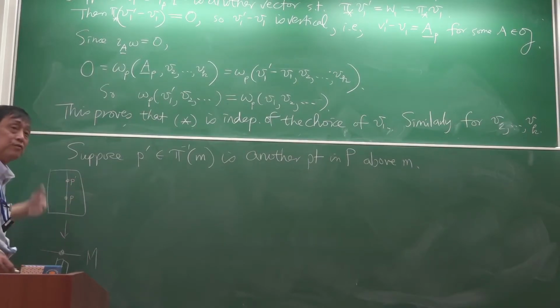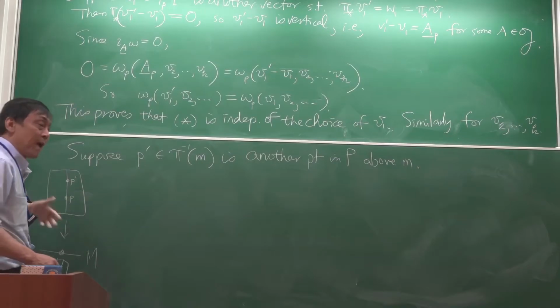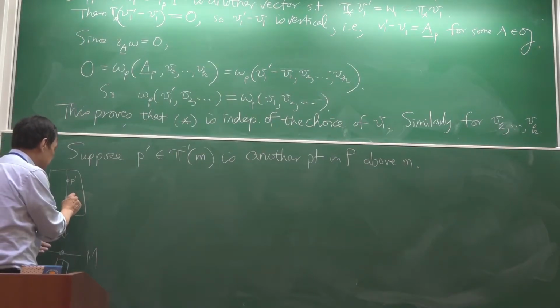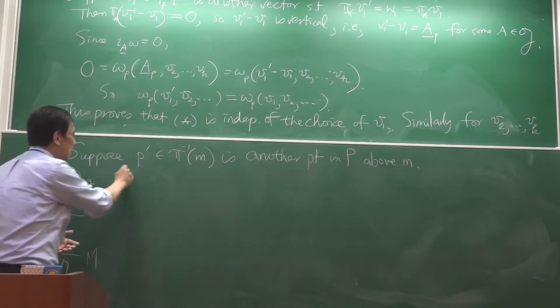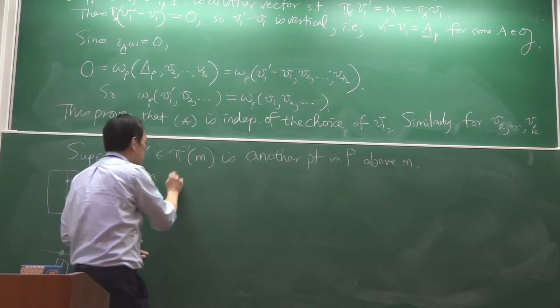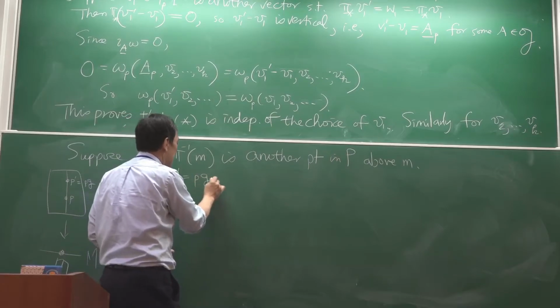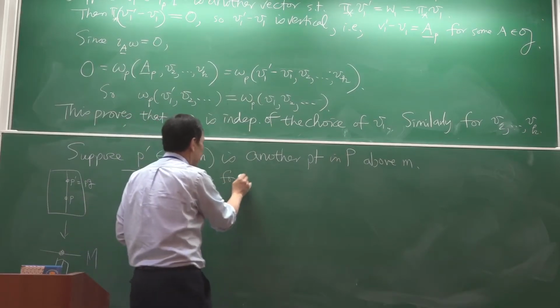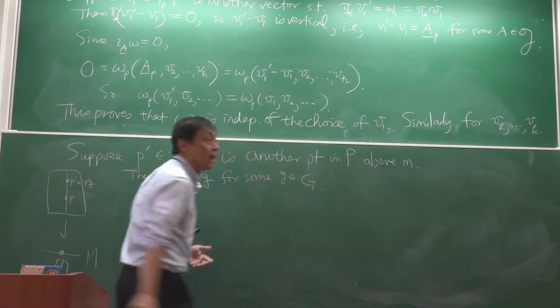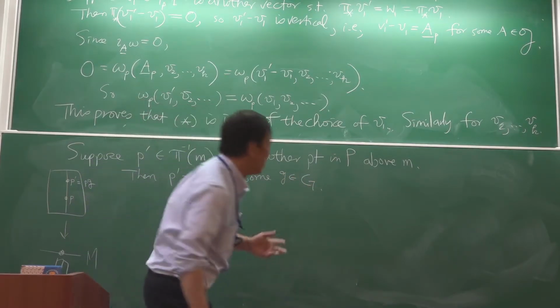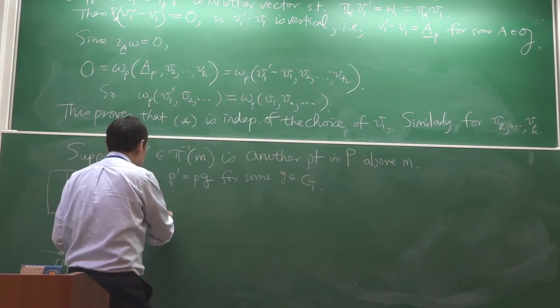Each fiber is G. So the group will take this to this. This is PG. Okay? Then P prime is equal to PG for some g in G.